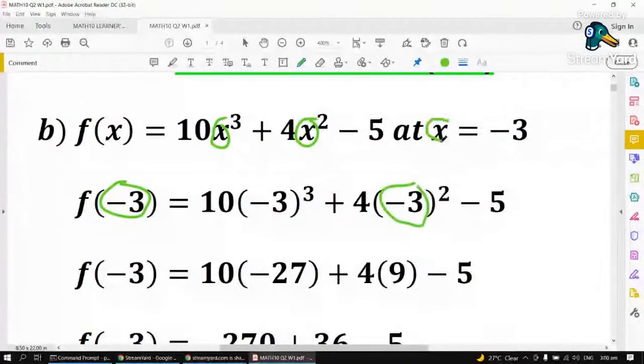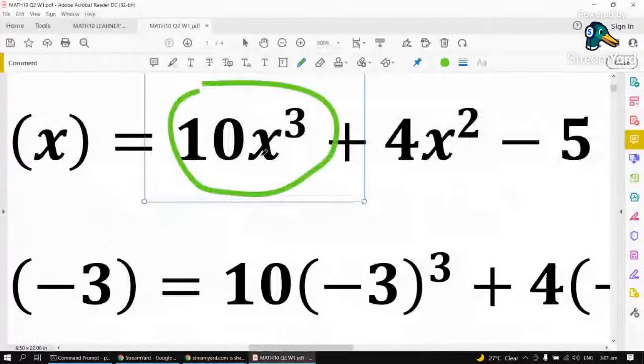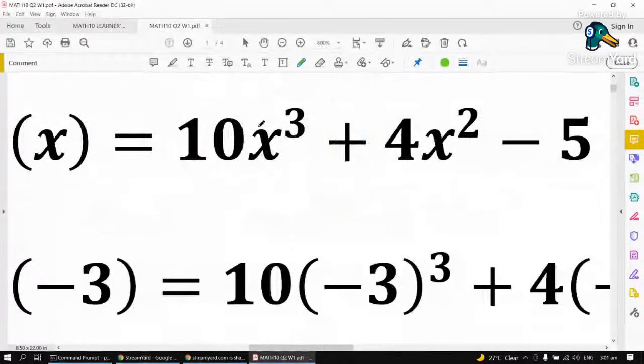Itong x ito, wala na yan. Hanggang dito lang pala. So, tignan lang natin saglit itong 10x cubed. So, yung x, nilagyan natin ng parenthesis and then saka natin pinalitan yung x ng negative 3.